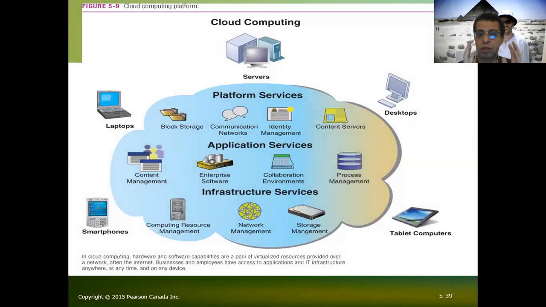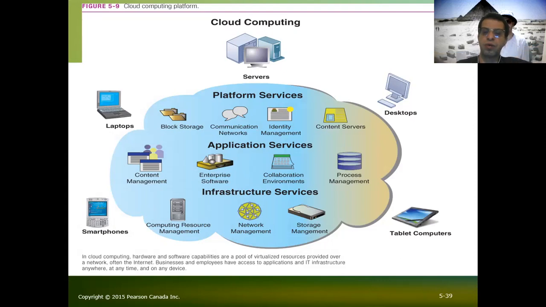In cloud computing, as we said, there are the servers, and then you have desktop users, laptop users, smartphone users, tablet users, all these kinds of users. And the servers are also part of the users.